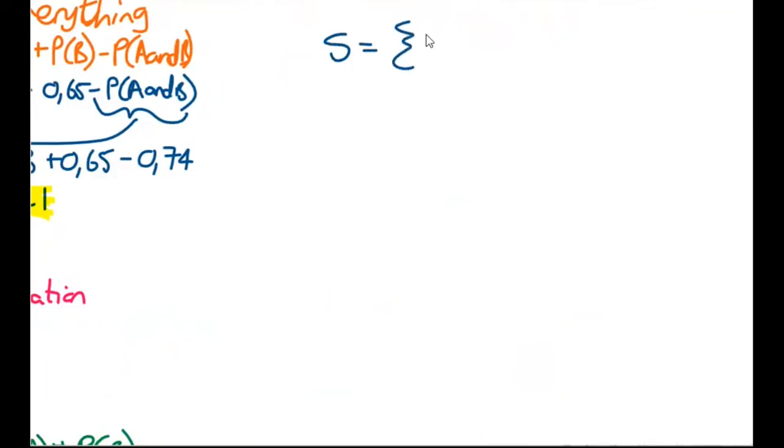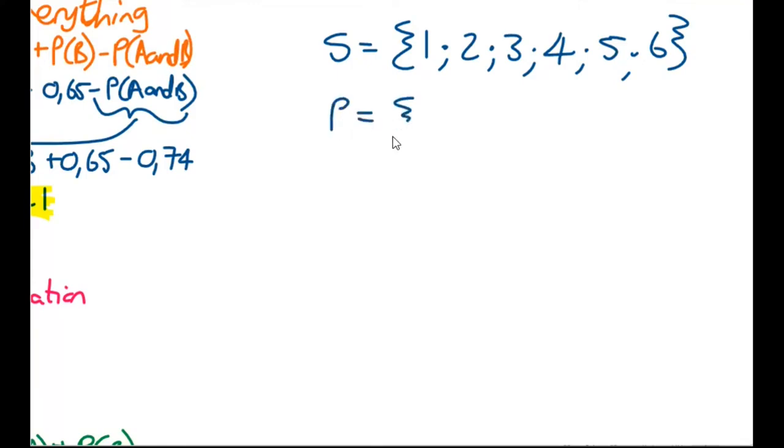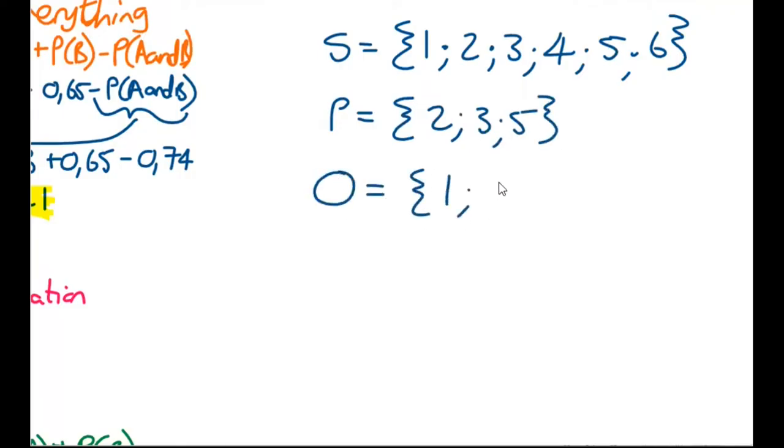The sample space is 1, 2, 3, 4, 5, and 6. Just a normal 6-sided die when you're playing board games. So it's got 6 sides. That's everything that could happen. Then we had our prime numbers, which was 2, 3, and 5. And then we had our odd numbers, which was 1, 3, and 5.